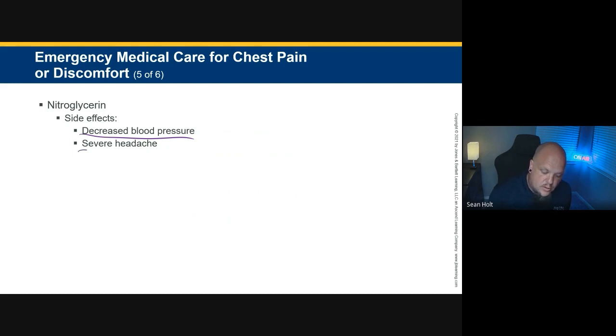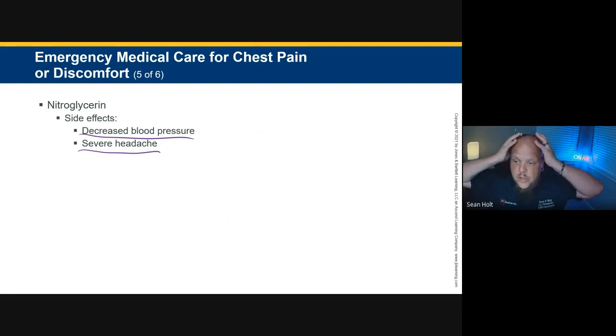It also can cause a headache. I wouldn't say severe, but think about that vasodilation. If we take a spray of nitro underneath our tongue, it's going to burn a little bit under our tongue because it's getting absorbed, and that's the effect it has locally. But it's going to vasodilate all throughout our body, hopefully a little bit in our heart too, but also in the brain.